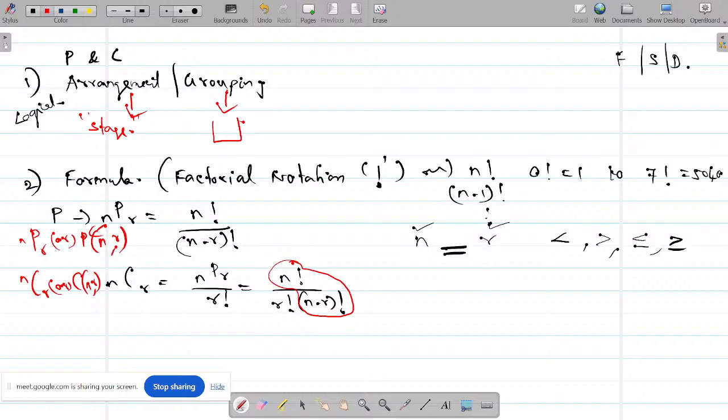Tell me, what symbol do you use here? What is this n? Total number given. What is r? From that, I'm going to pick whether r can be 0 or r can be 1 or r can be 2 or r can be the maximum n. So what symbol do I use here? n is this side and r is this side.